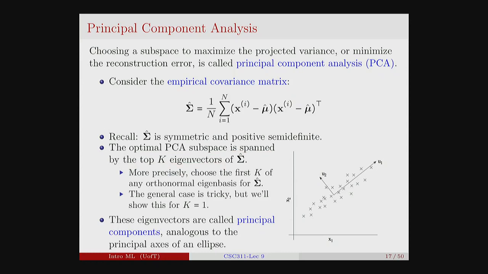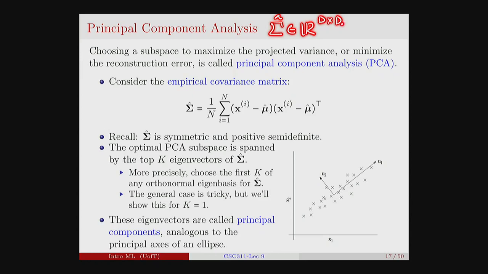What does that mean? More precisely, we're going to choose the first k of any orthonormal eigenbasis for our covariance matrix, and we're going to call that the projection matrix that we work with. So remember, sigma hat is in R d by d.